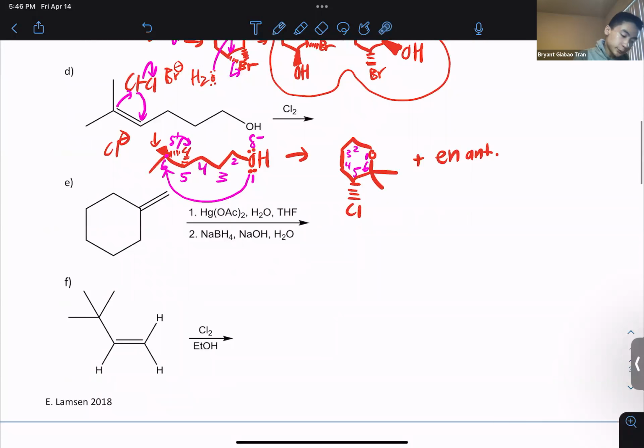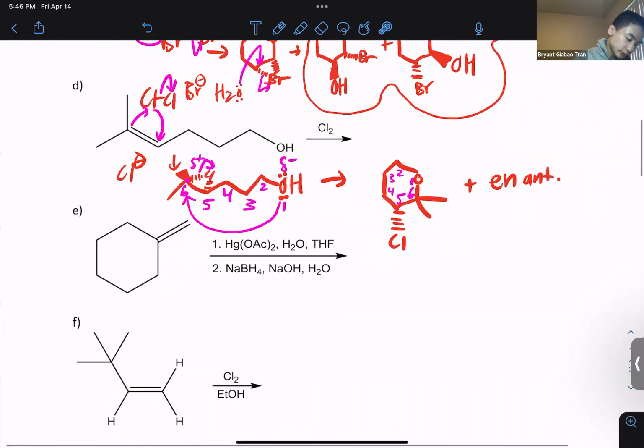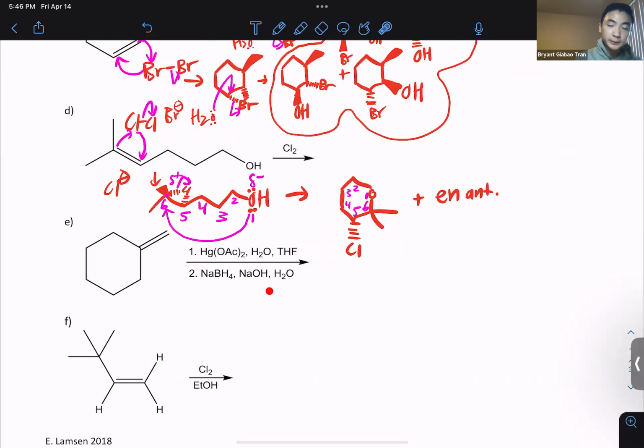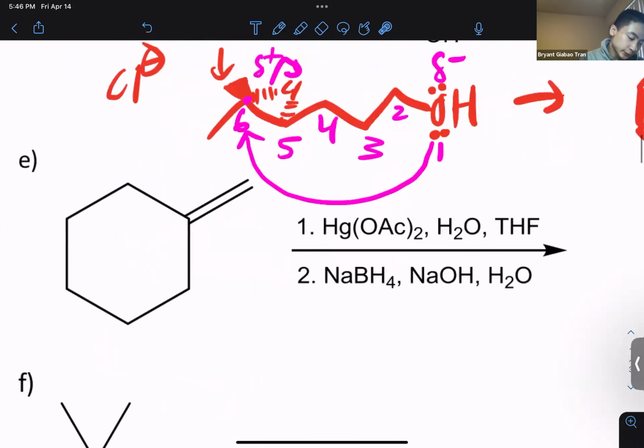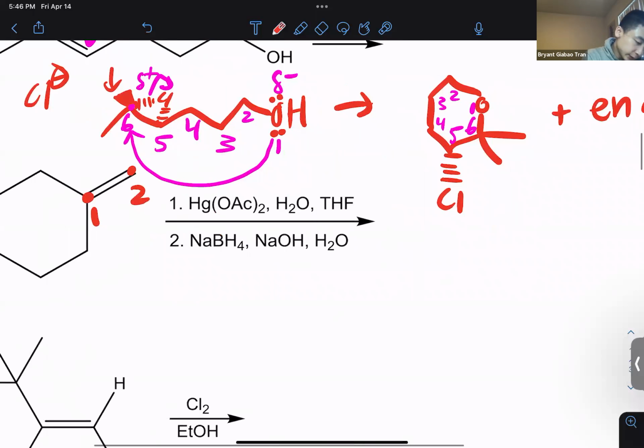Now let's go over the oxymercuration-demercuration reaction with the Hg acetate 2, water, THF and NaBH4, NaOH, water reaction. So whenever you see these oxymercuration-demercuration reagents and an alkene, in this case we do, we are going to add the alcohol on the more substituted side of the alkene. So we have 2 carbons here of the alkene. We have carbon 1, carbon 2. We see that this carbon 1 is more substituted than carbon 2. So we're going to attach the alcohol in this case because we're given water.